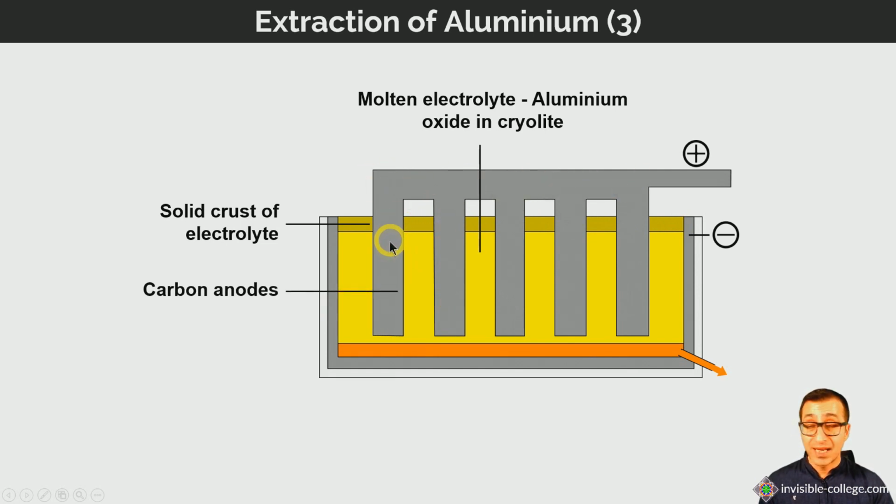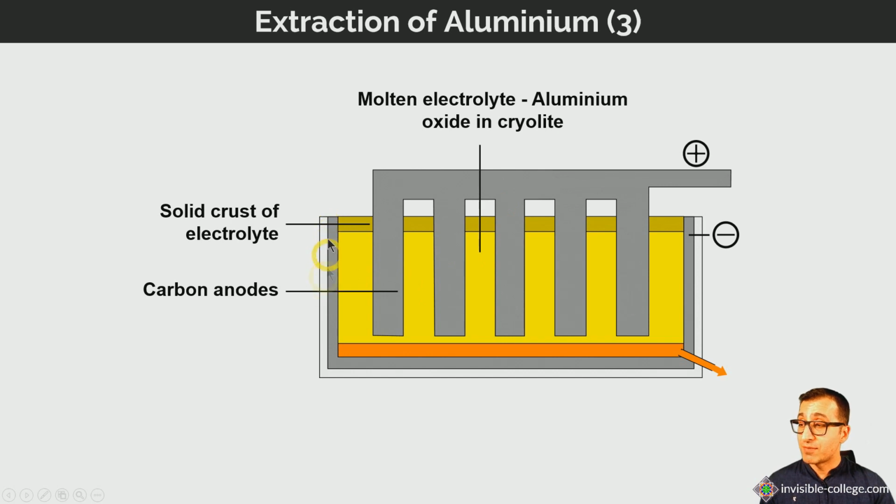It's made of graphite. And again, this is because the temperatures in here are extremely high and graphite is resistant to high temperatures. Nonetheless, the carbon anode will degrade over time. It will oxidize. It will react with the oxygen gas being produced. And so another reason why this process is expensive is because the carbon anodes have to be periodically replaced.